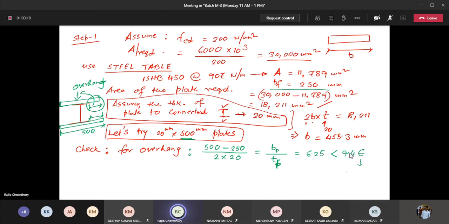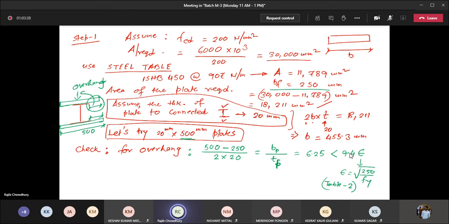What is this epsilon? Epsilon is square root of 250 divided by f of y. It is there in Table 2 of IS 800 2007.